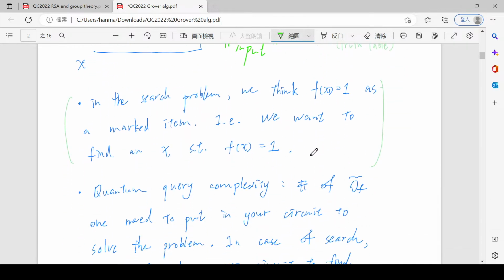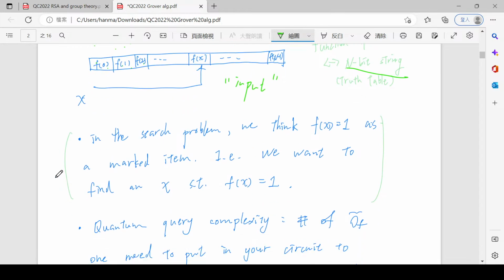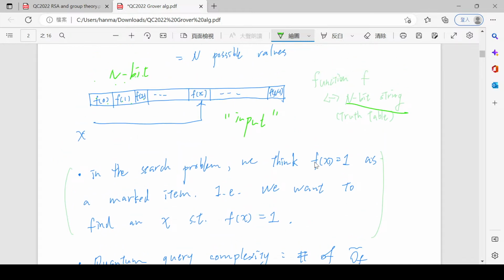And just as we said, we only care about this being 0 and 1 because we are thinking about such a problem. And then we say f of x equals 1 when it is a marked item, which is something we want. So maybe when you invert your hash function, your one-way function, when you hit f of x equal to y, then we say f of x equals 1.